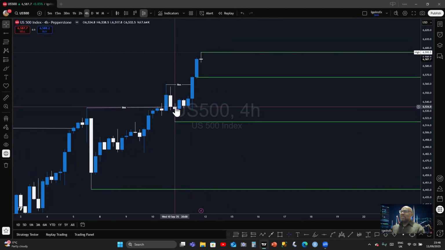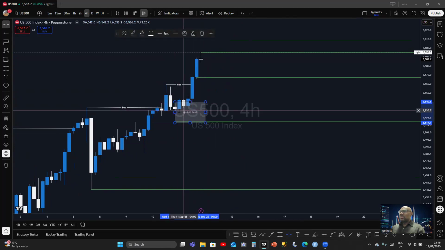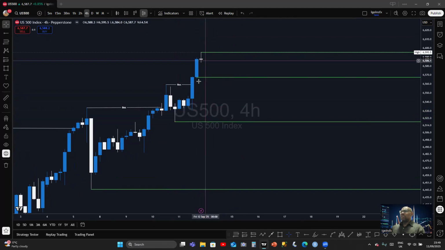We were somewhere on this very candle, and immediately this candle closed and it opened here, we entered. I told my guys, oh yeah, take position.